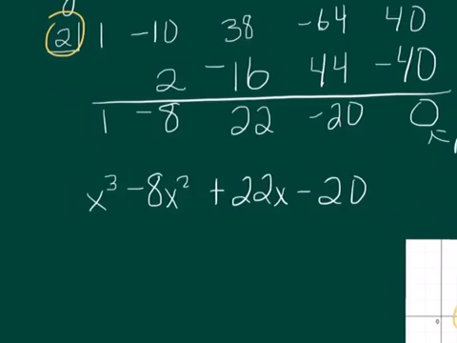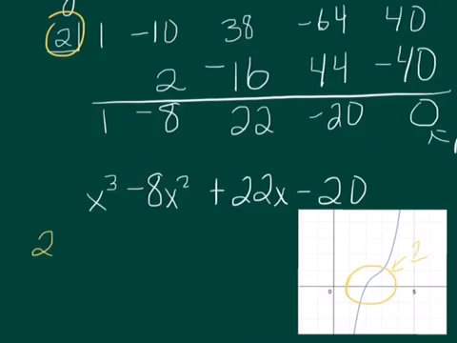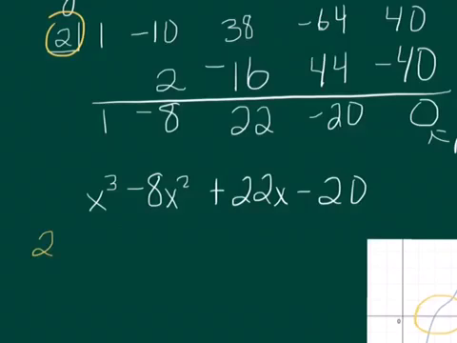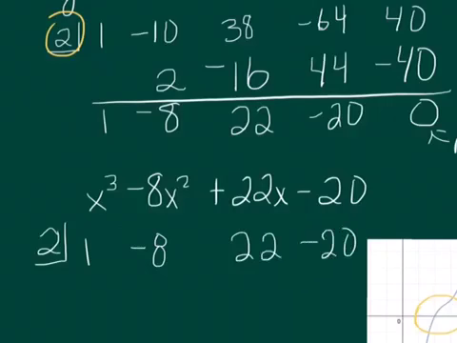What we're going to do is a little bit more synthetic division. We're going to check 2 as a 0 of 1, minus 8, 22, minus 20.